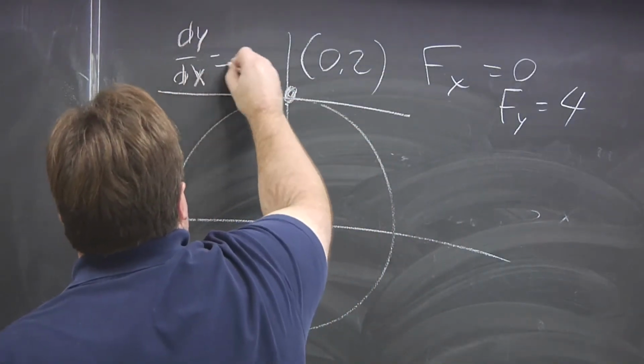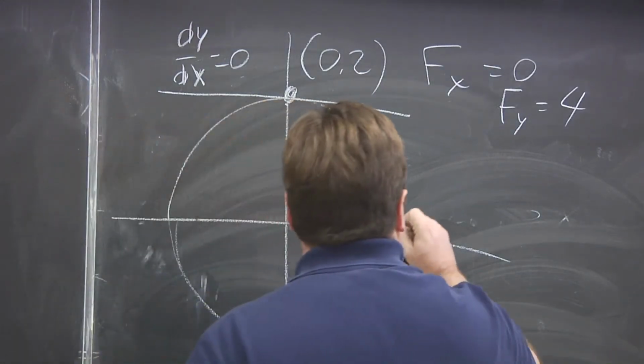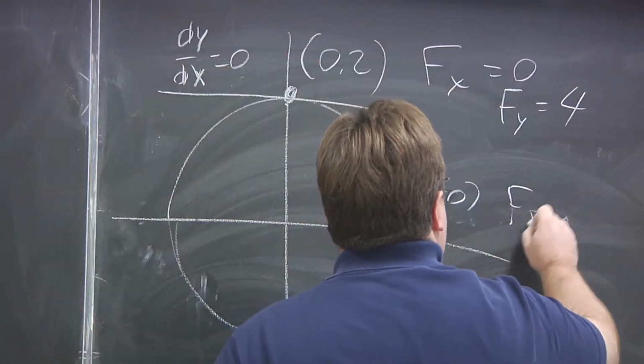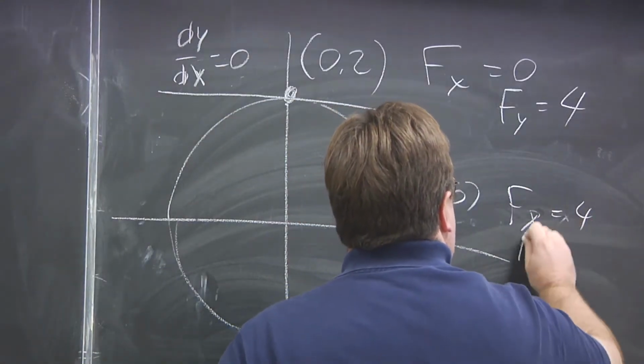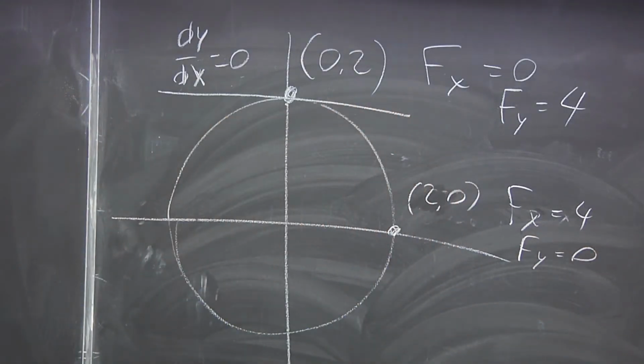We have a horizontal tangent, and that's also what this formula would give you because df/dx is 0. On the other hand, if we look at this point, x is 2, y is 0, then fx is going to be 4, fy is going to be 0, so we have minus 4 over 0.